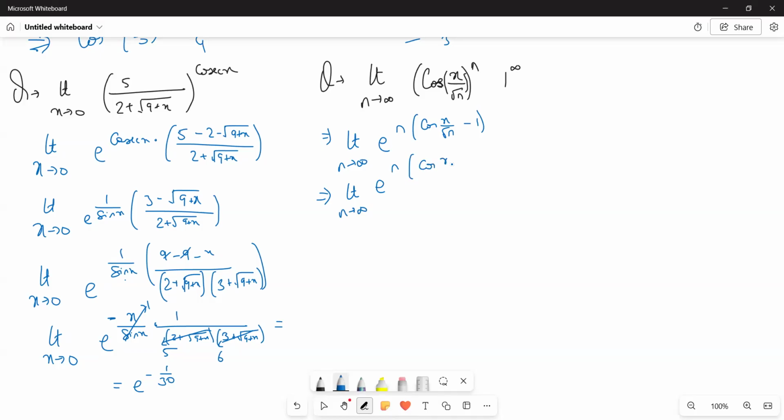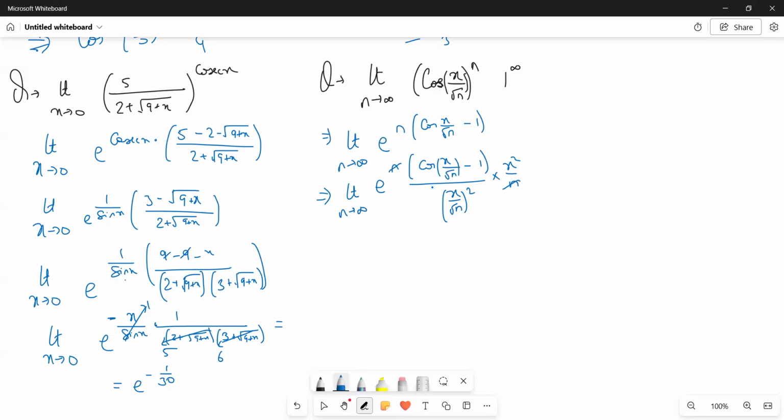Cos x by root n minus 1 divided by (x by root n) whole square, which means we are multiplying it with x square by n as well. Okay, 1 minus cos of something by that something square. So x by root n is inside the cos, so we need the square of x by root n to convert it to a standard limit. So now this n cancels off with this n.